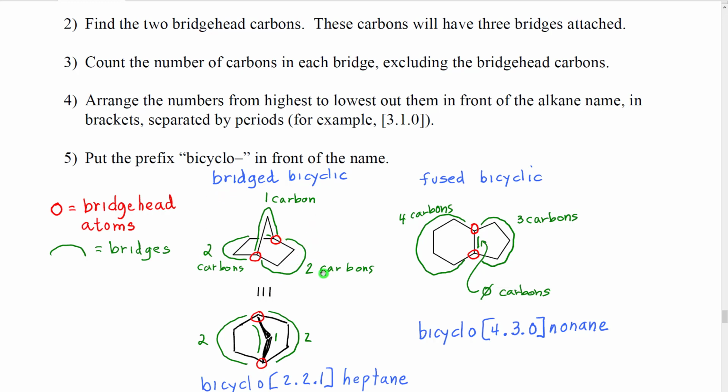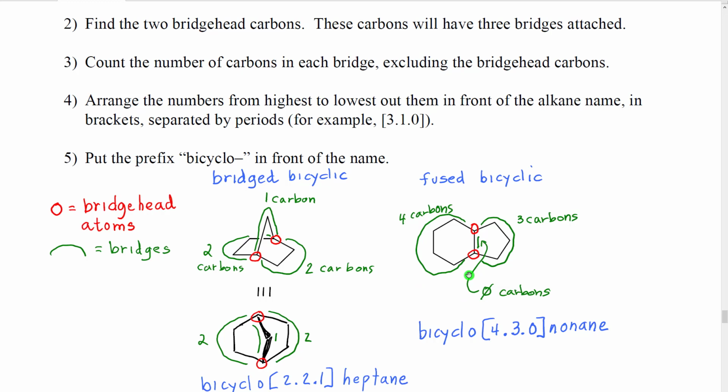If we look at this molecule, the bridged bicyclic, here's a bridgehead. We go out around this chain, we have 1 carbon, 2 carbons, and then we come back to a bridgehead. So that's a 2-carbon bridge. If we go up to the top, that's 1 carbon, back down to a bridgehead, so that's a 1-carbon bridge. Over here, 1 carbon, 2 carbons, so that's a 2-carbon bridge.